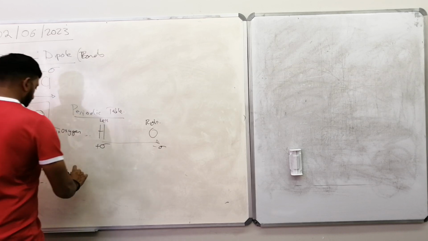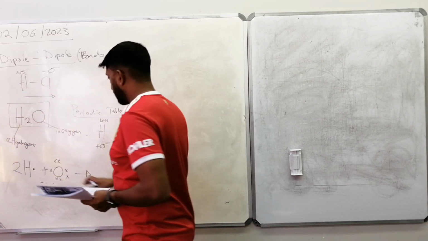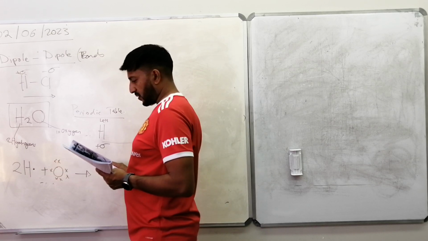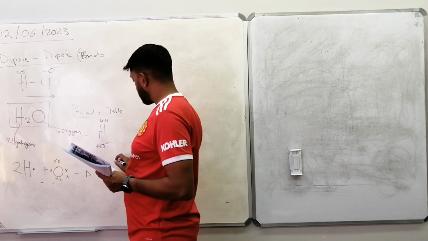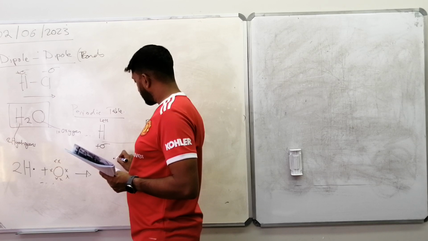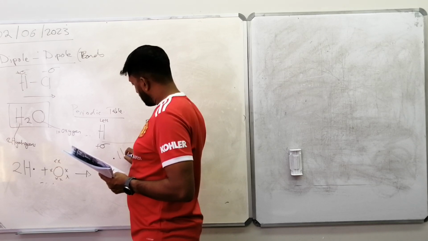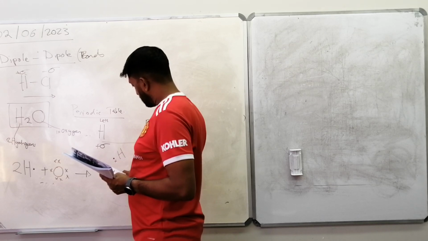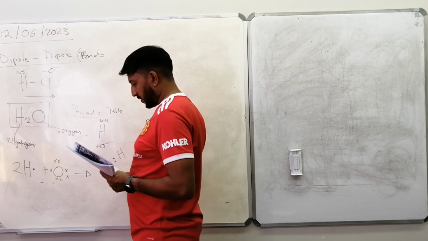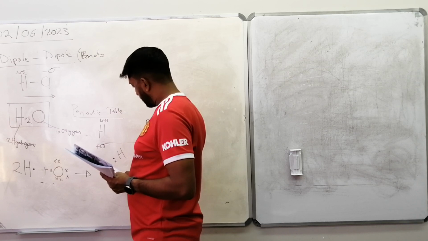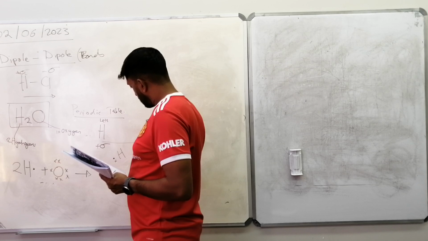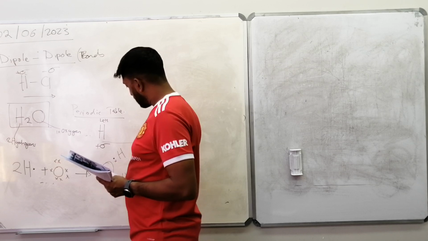And if we had to combine this, we know we got 2 H's there. So one of the H's combines here, and another one combines here. We're looking at the oxygen there.